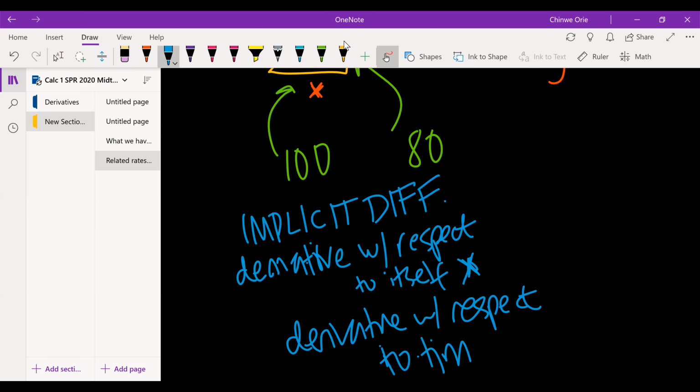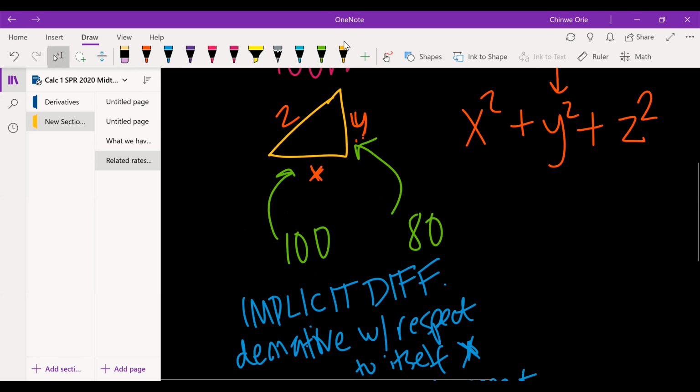In this case it's with respect to time because you have something flying at meters per minute.